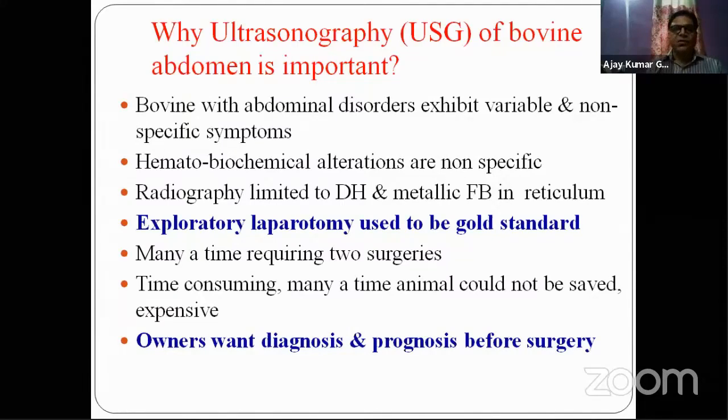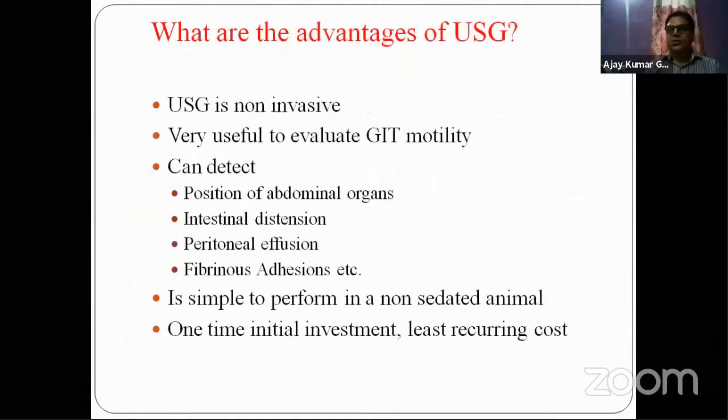They even want some type of guarantee or assurance that their animal is likely to survive after surgery. So how can we give that assurance? This assurance can be given if we can diagnose the condition accurately before conducting any surgery. For that, ultrasonography is very handy and very helpful, because it is a non-invasive diagnostic tool.